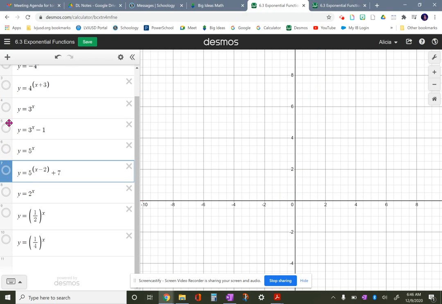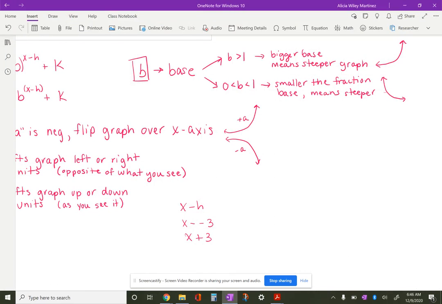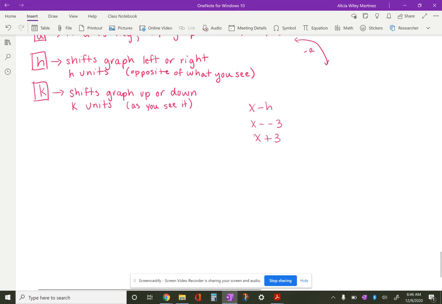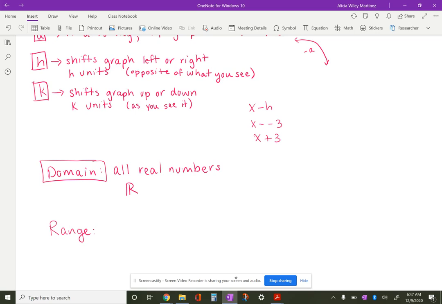Now for the domain and range, what's unique about these exponential functions is that the domain is going to be what we call all real numbers. It'll always be that because it's going to go forever and ever left to right. For all real numbers, you can use the capital R symbol, a little bit more fancy than just capital R. And the range is always going to be y greater than some value or y less than, depending on where it is on the graph.